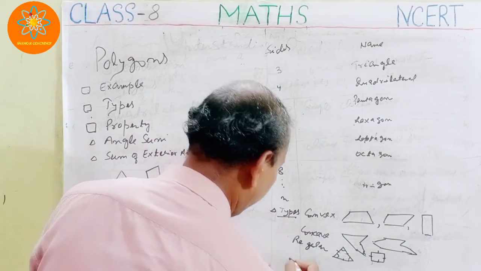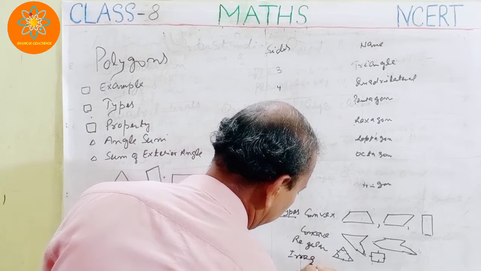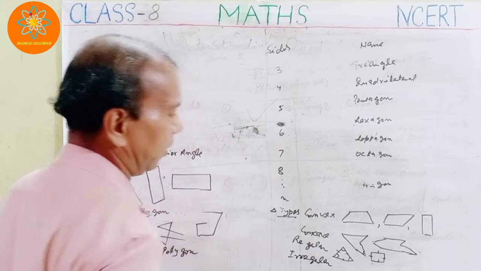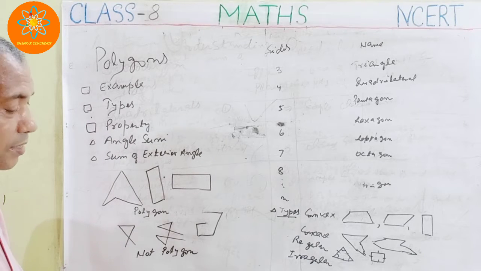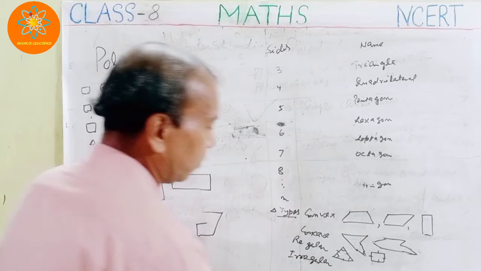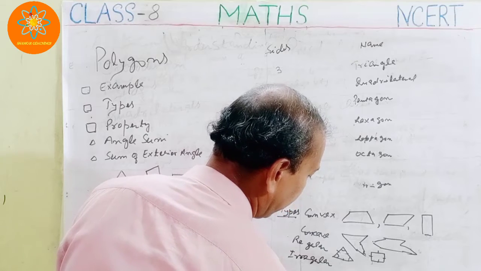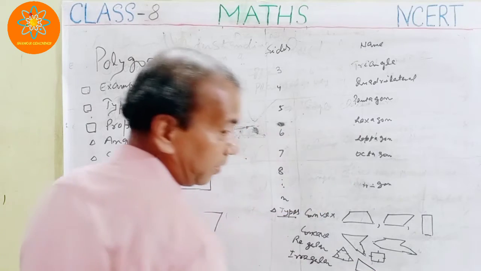Then one more is there, irregular polygon. So in irregular polygons, either sides are not equal or the angles are not equal. So in the irregular polygon, I am taking a right angle triangle. This is irregular polygon.